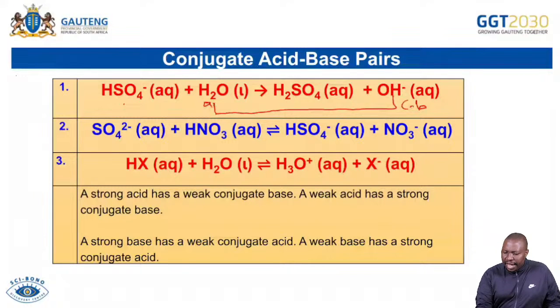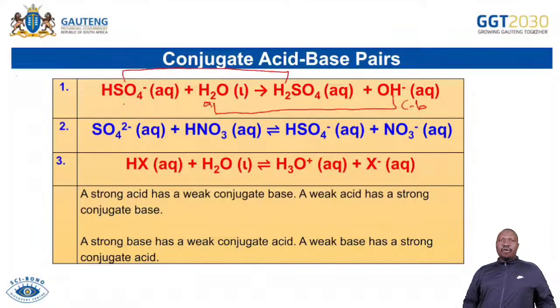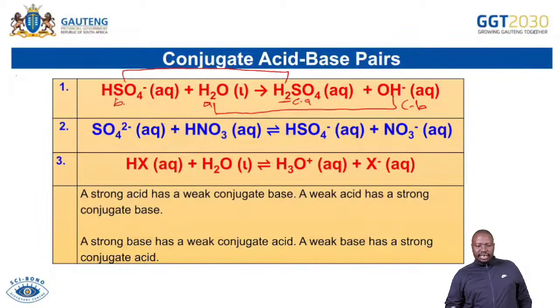And then if you look there, the relatives here will be HSO4 minus and H2SO4. You're able to see that the difference in these relatives is that this one has an extra hydrogen ion. So this one must be the conjugate acid and this one must be the base, because on the left we always have an acid and a base.